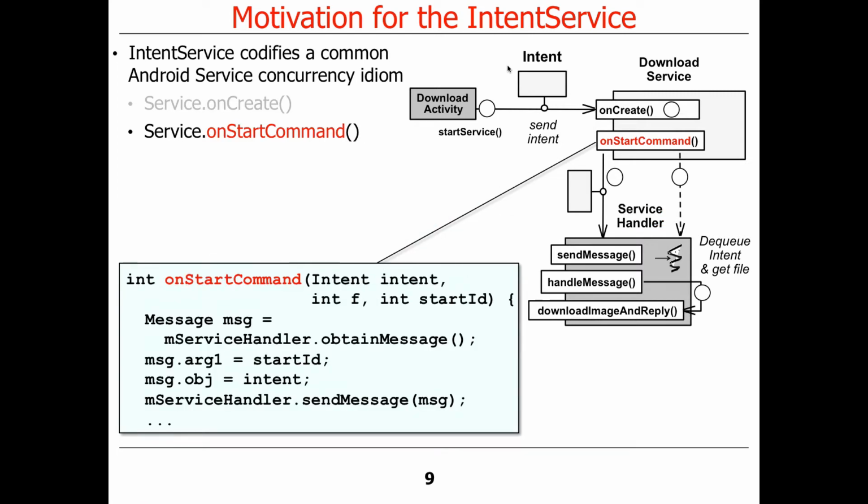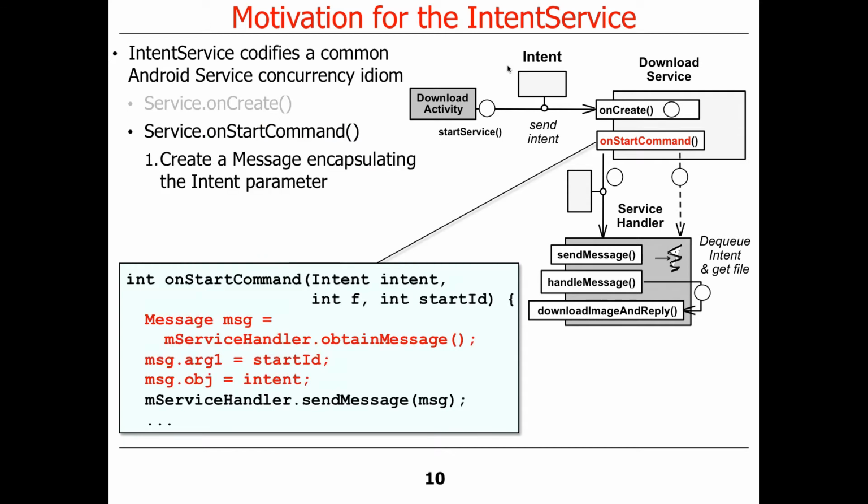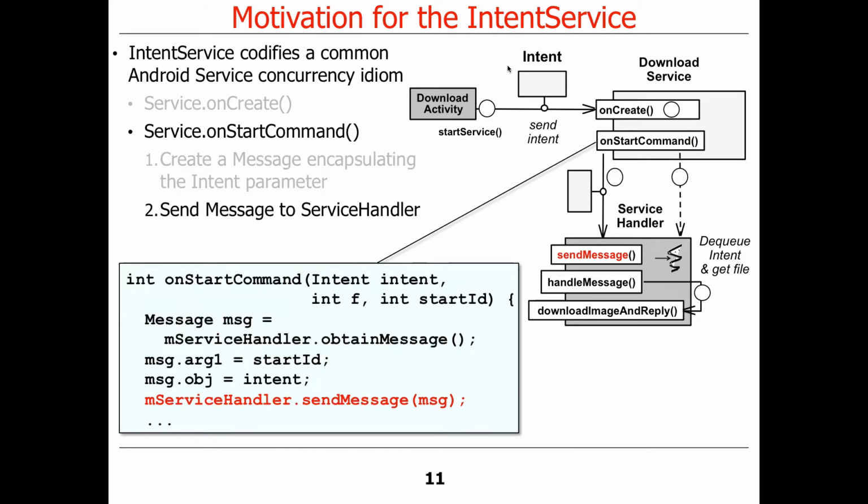Then when an intent comes in, onStartCommand gets called back. onStartCommand makes a message and populates a few things in it, like the start ID, which is very important, as we'll see later, and the intent that came in. It takes that message, calls sendMessage, and sticks the message into the message queue that's then going to be serviced by the one and only background thread.